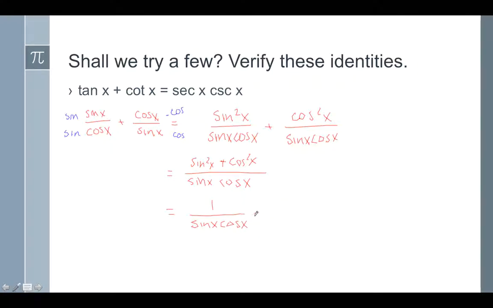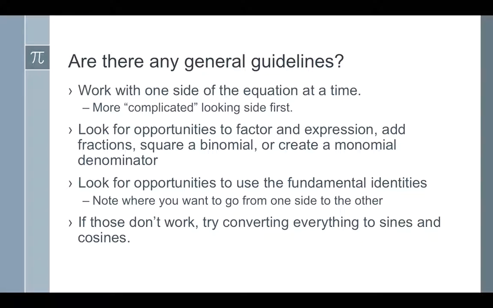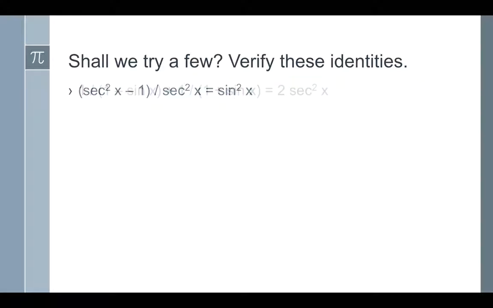And technically right here, I can split this fraction into 1 over sine x times 1 over, whoa, what's going on there? Shoot. Where was I at? Man, that's irritating.